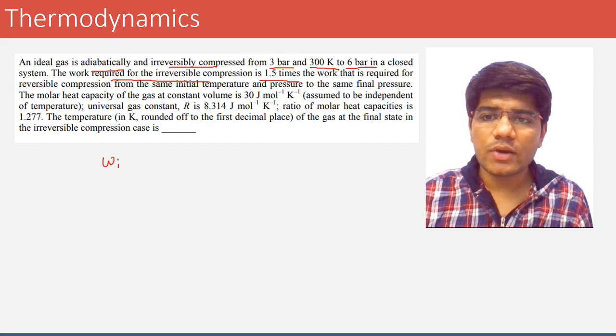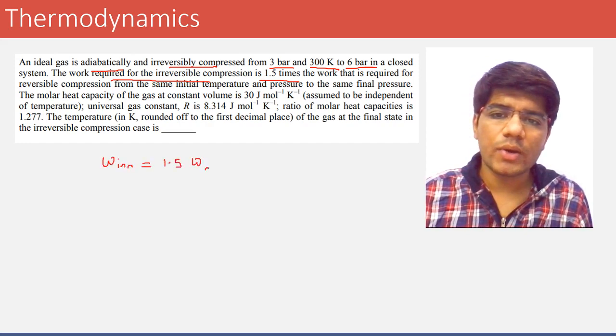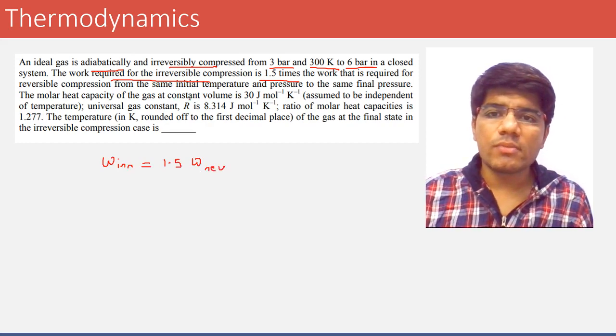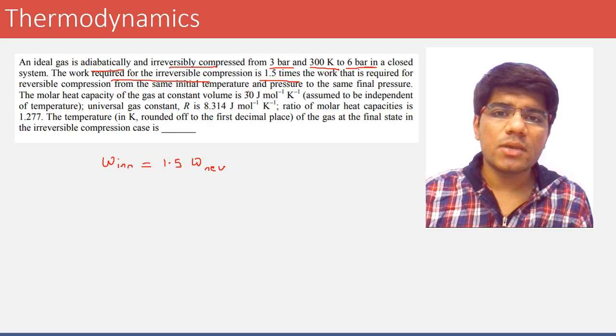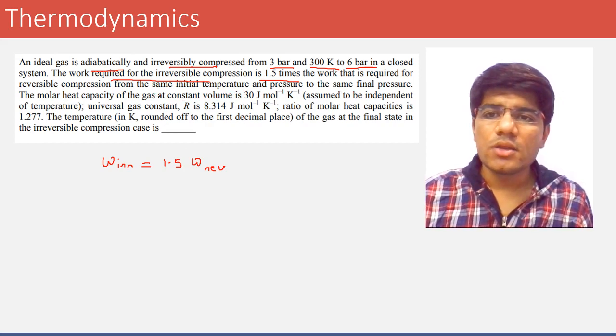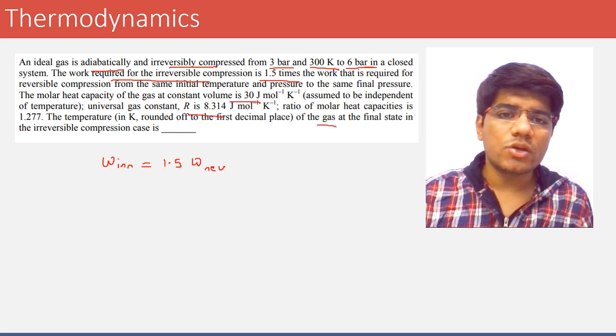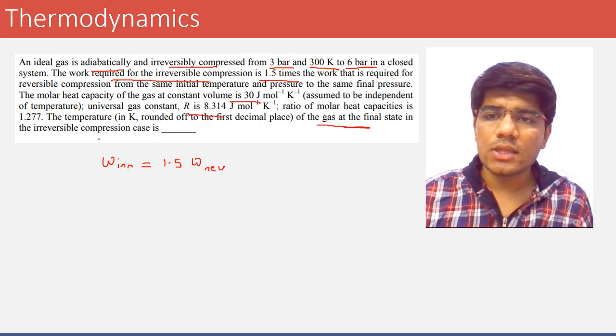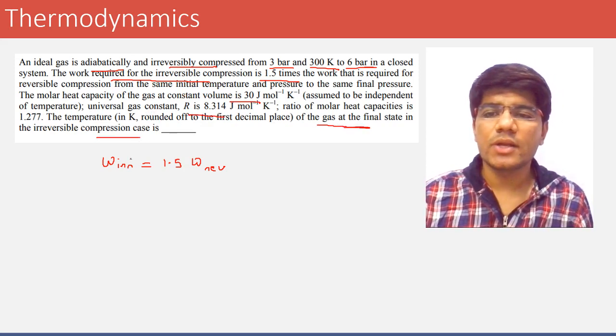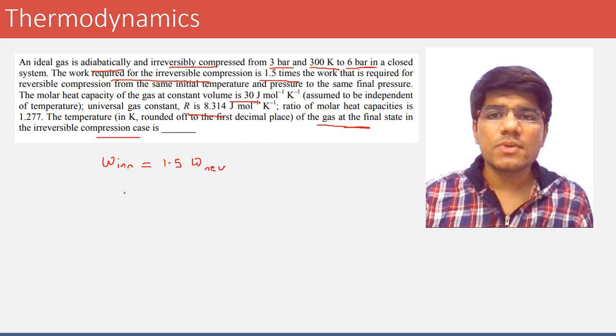So from the same initial temperature and pressure to the same final pressure, the molar volume is given, R is given, and we need to find the final temperature in the case of irreversible compression.